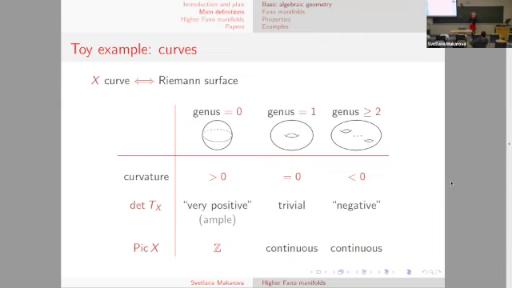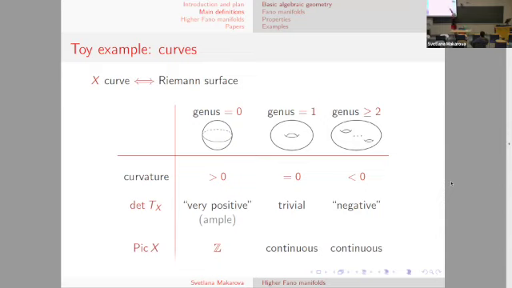So this will give us the flat metric on the torus. And curves of higher genera are known to have negative curvature.